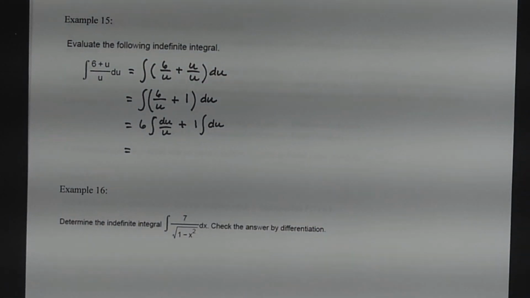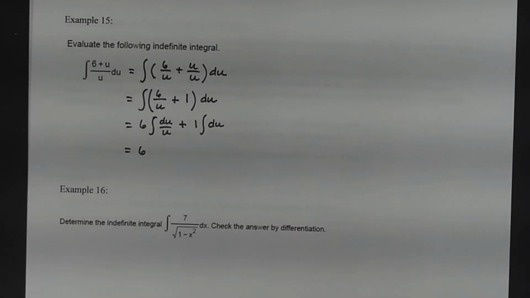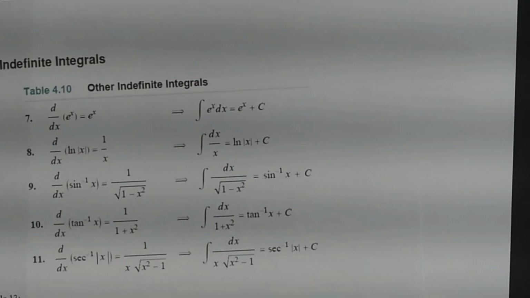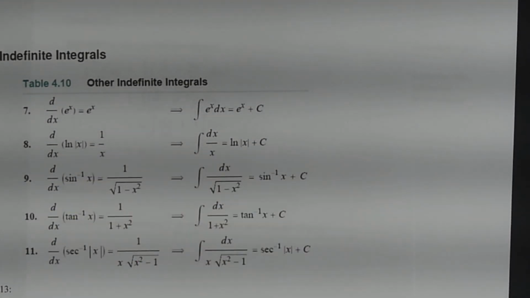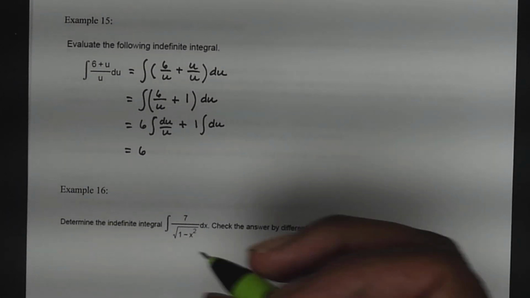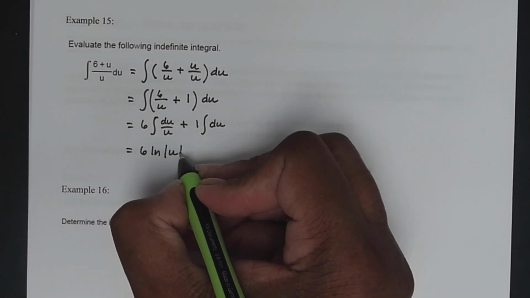Now, in this case here, the integral of du over u, that of course follows this rule right here. Integral of dx over x, which will be the natural log of the absolute value of x plus c.